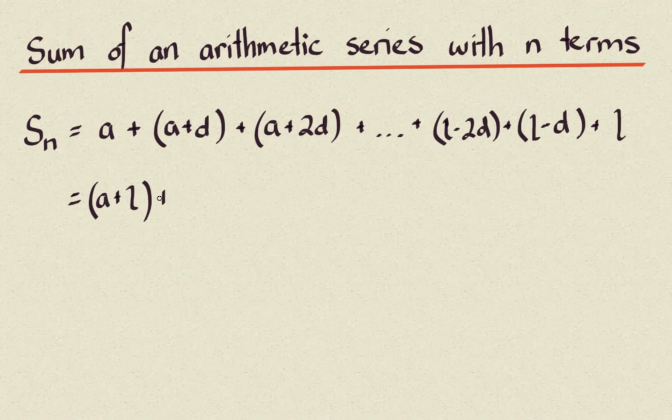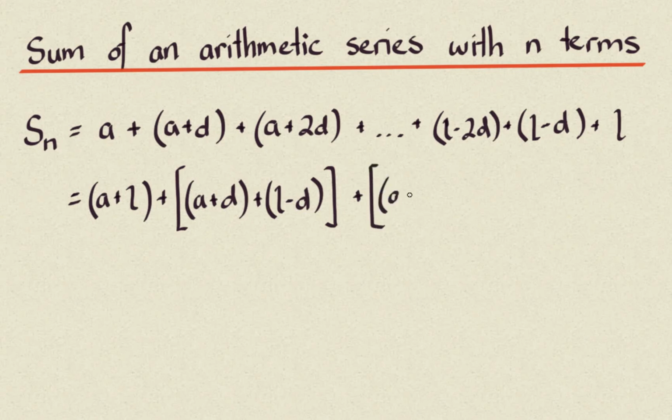Then let's do the second term, A plus D, added with the second last term, L minus D. Then we will do the third term, which is A plus 2D, added with the third last term, L minus 2D, and so on.